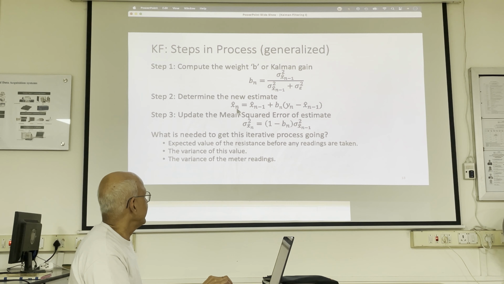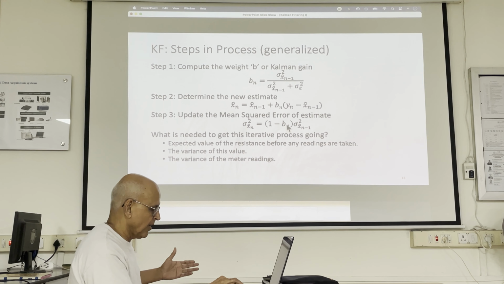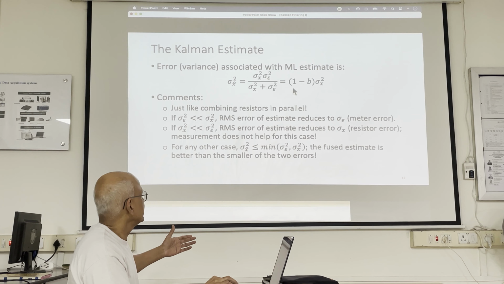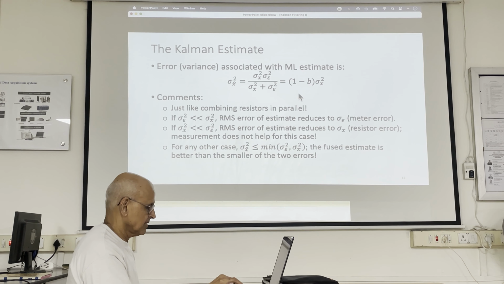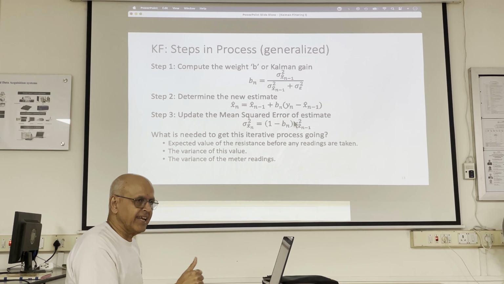And then you do your update. We go back to writing it in the old form. Now, this is the form that is preferentially used. That is equivalent to this. It's really the same thing, but they write it this way.